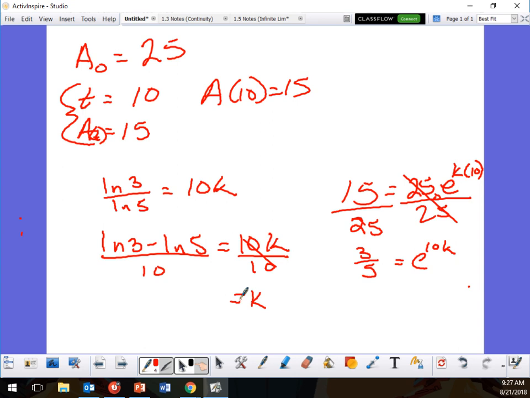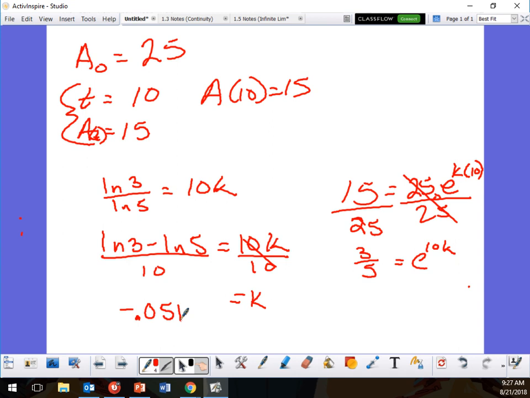What do we get? Negative 0.05. Negative 0.051. What's the next number? Okay, it's fine. Three is good. Okay. AP calculus test, remember it's always rounding to 3 decimals, okay?